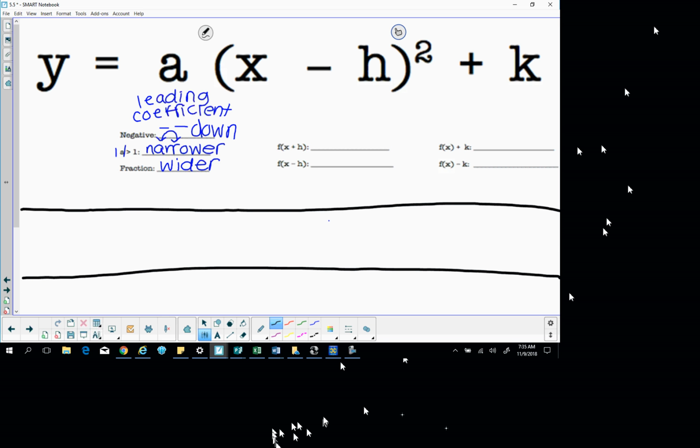So the next thing I'm going to go over is the minus h right here. Sometimes it will look like this. That means if it's plus h, which way am I moving? Did we figure out? Opposite. So plus h is a shift to the left.